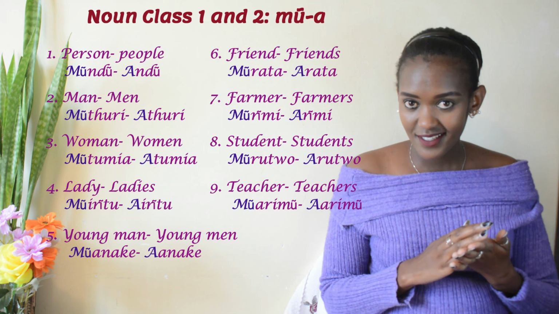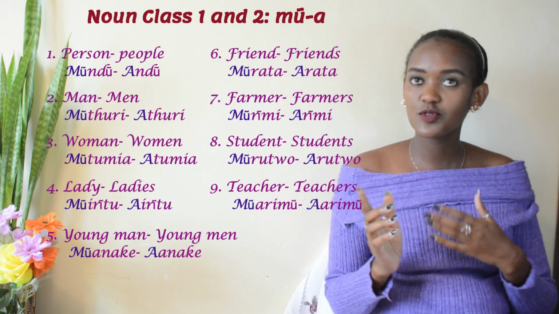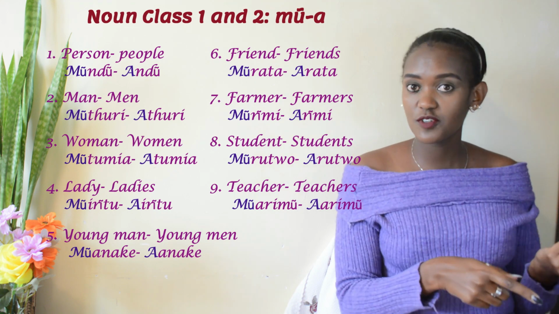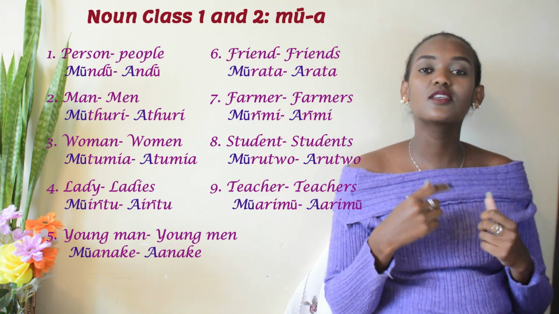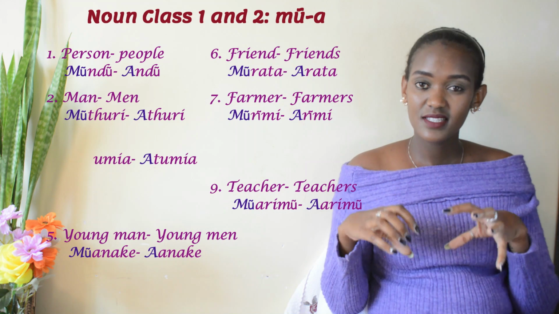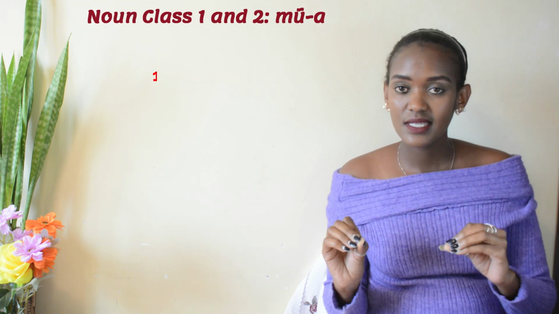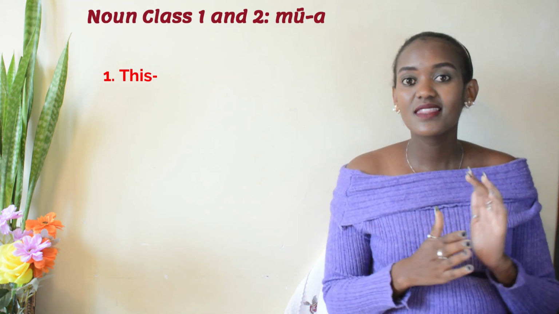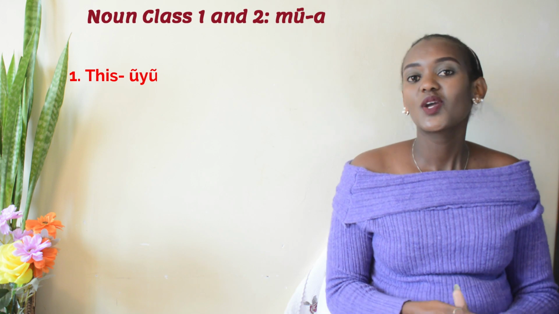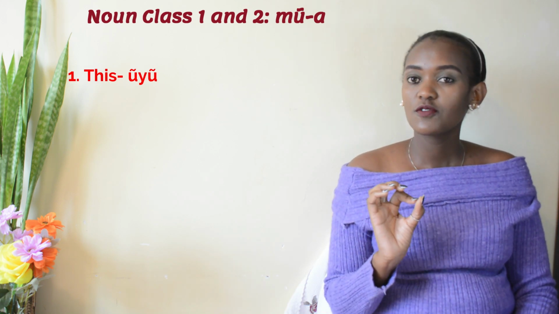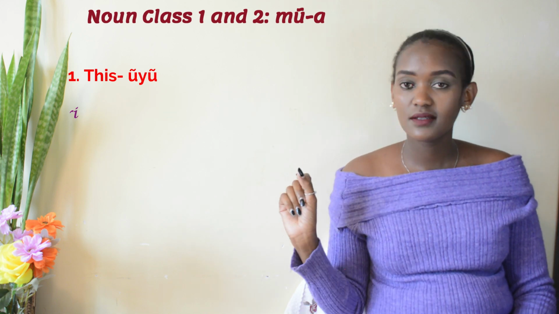If you would like to get more examples, you can check out my Kikuyu professions, or how we call professions or occupations in Kikuyu. So in this category, if we wanted to say this person, this man, this lady, this student, we are going to say oyo. For example, this is a man.